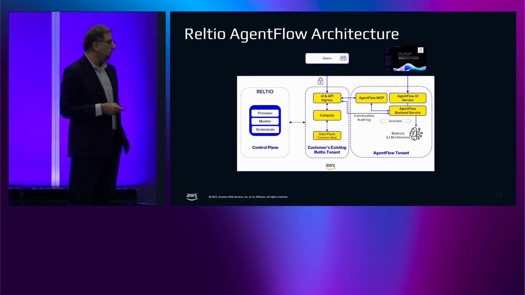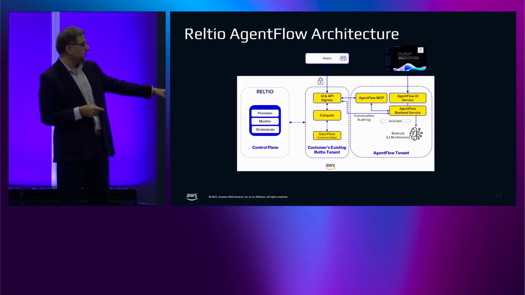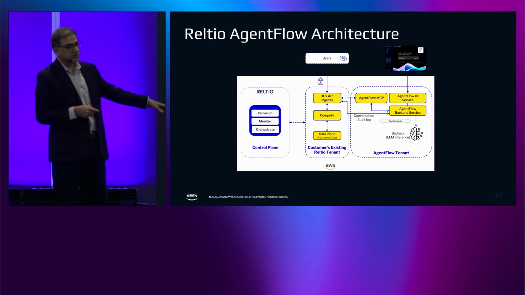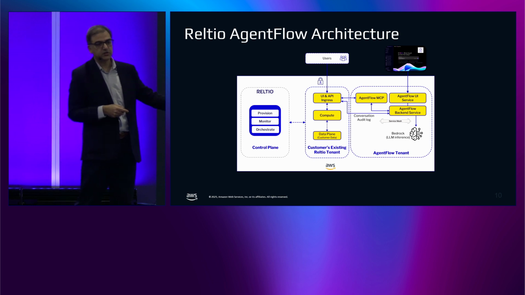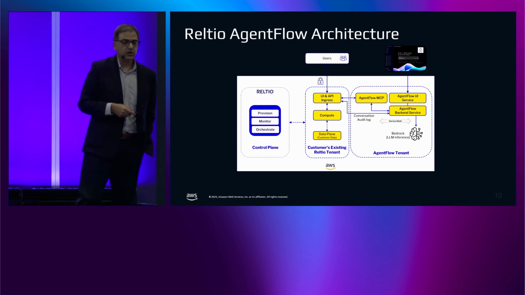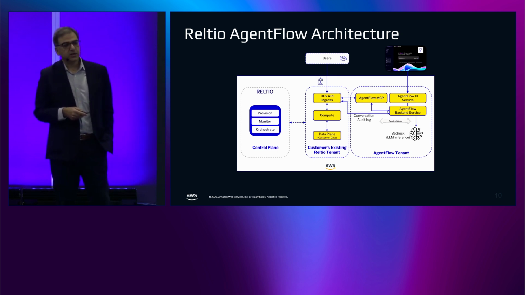So a little bit about how we built this. Of course, we are powered by AWS technology, so we were one of the earliest users of Agent Core and the Strands SDK.